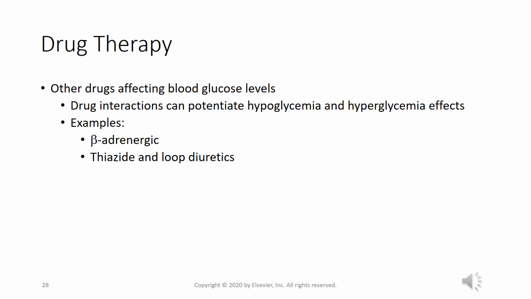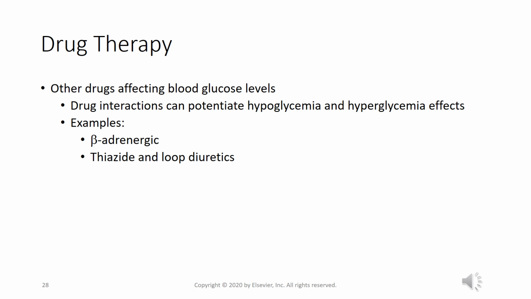So you also have to be aware of other drugs that your client is on and how they might impact blood glucose. Beta blockers actually block that sympathetic nervous system response, the symptoms that the client would be experiencing. So that's something to be aware of.